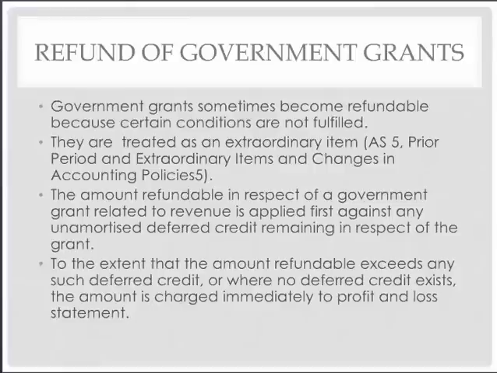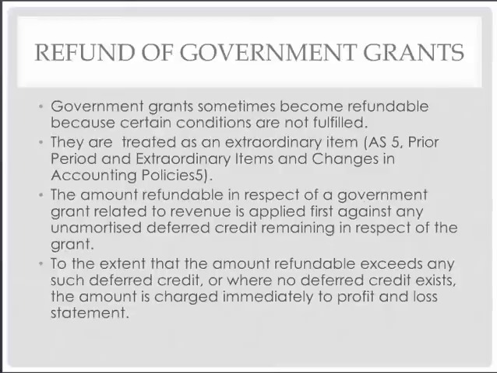You received 10 lakh rupees grant from the government, which you plan to take to P&L over 5 years, 2 lakh rupees per annum. Now, after second year, where you have already taken 4 lakh rupees to P&L and 6 lakh rupees stands in the balance sheet, government says that you have to refund 8 lakh rupees because you are not able to fulfill the conditions.